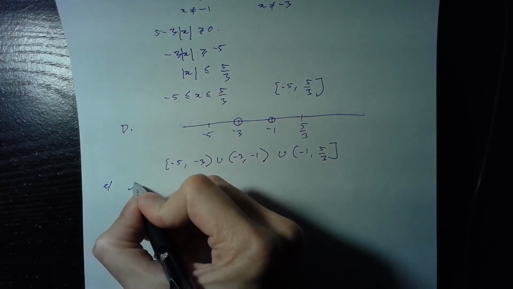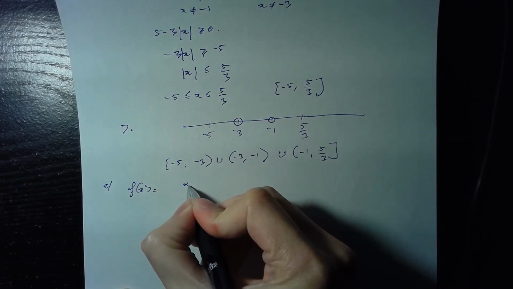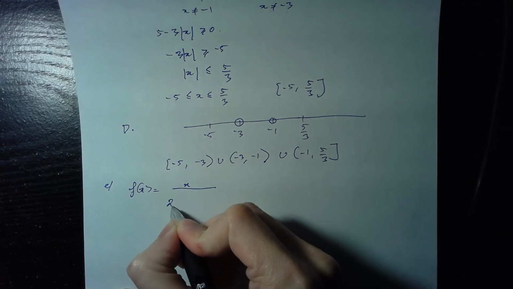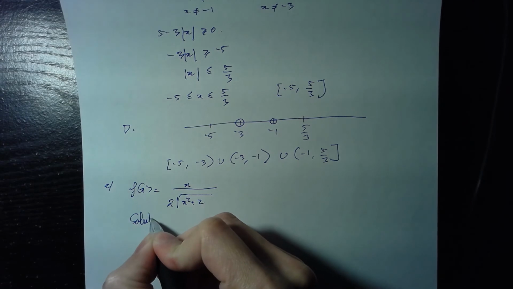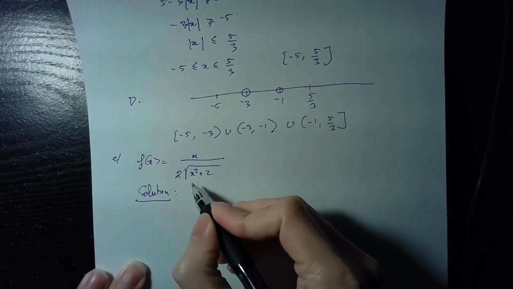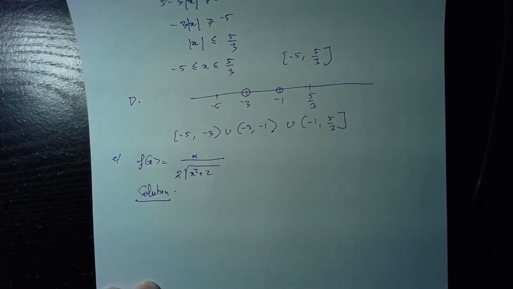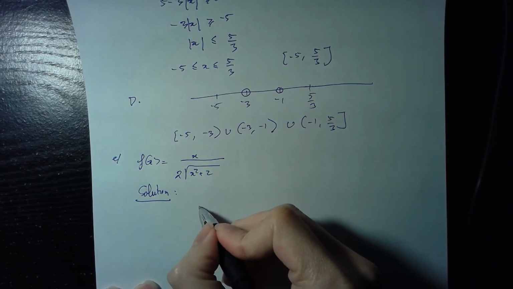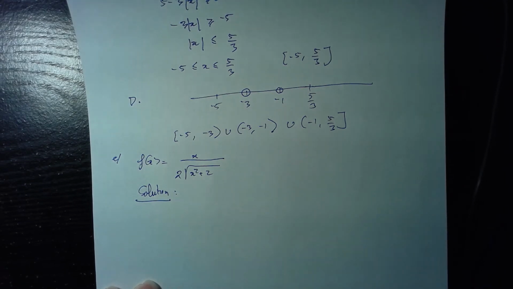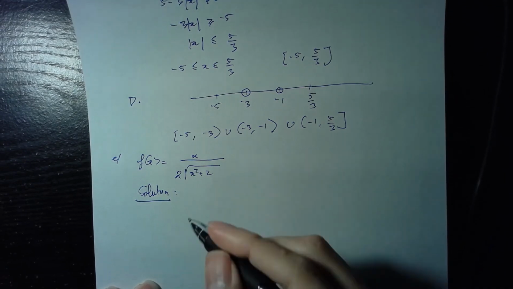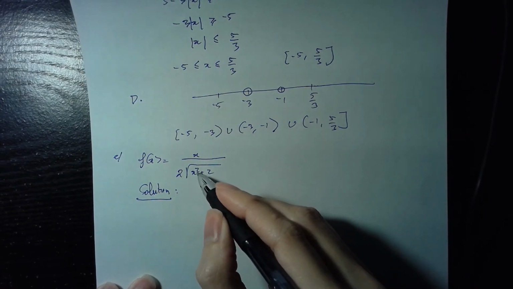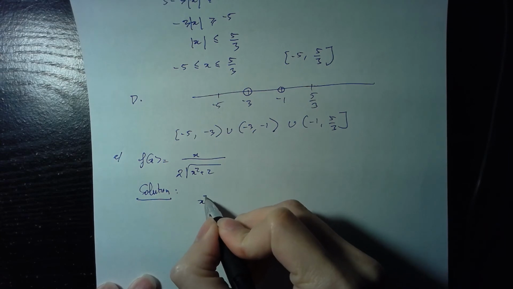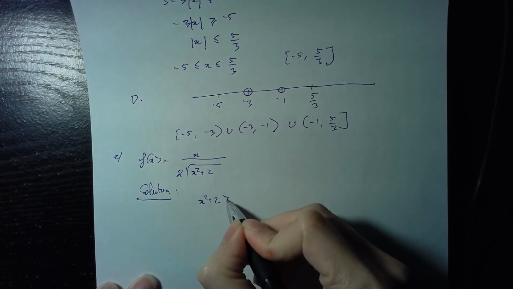It's very easy, because we don't have to consider the top. There's no radical on the top. And if you look carefully at the bottom, it is a square root. The bottom is not allowed to be 0, and you see that x squared plus 2 is always greater than 0.